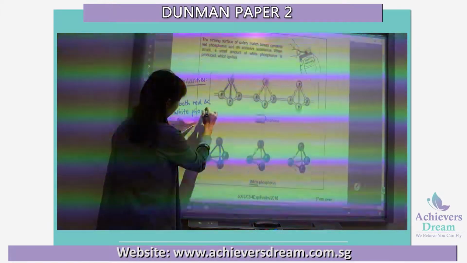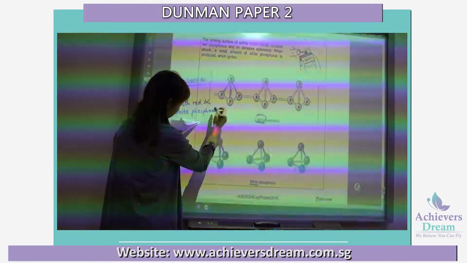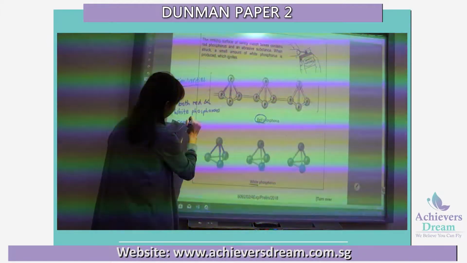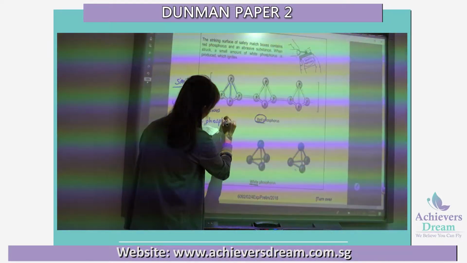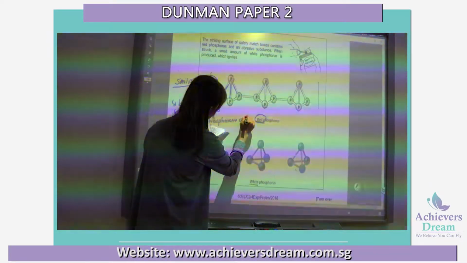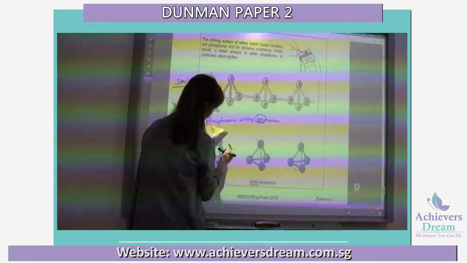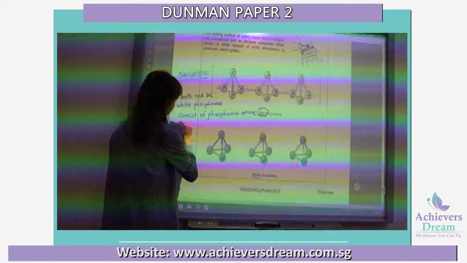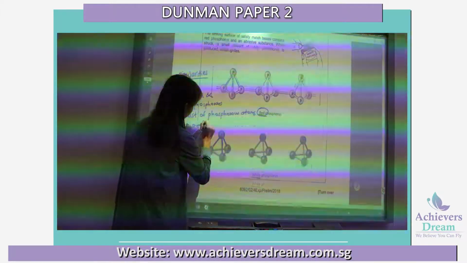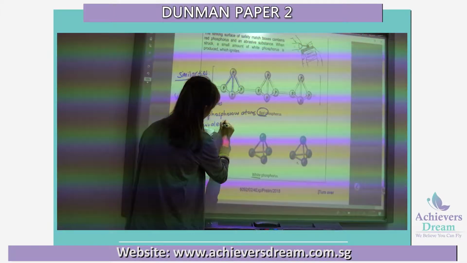We can say that both red and white phosphorus consist of phosphorus atoms that are covalently bonded to each other.